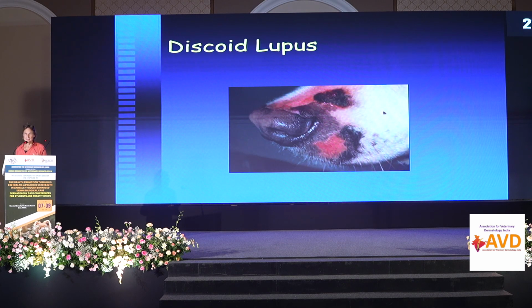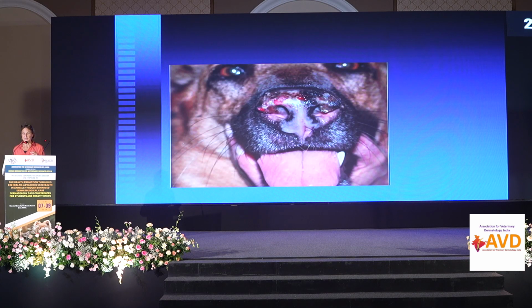Right? But this is an early case of DLE where you have inflammation of the skin around the nose before it gets to the nose itself. And this is the classic depigmented nose due to basement membrane damage. Do you see that this is a gray looking nose? In this case it happened to be DLE, but in another dog it could have been MF, like cutaneous lymphoma.